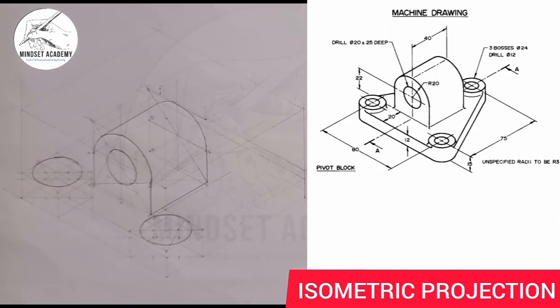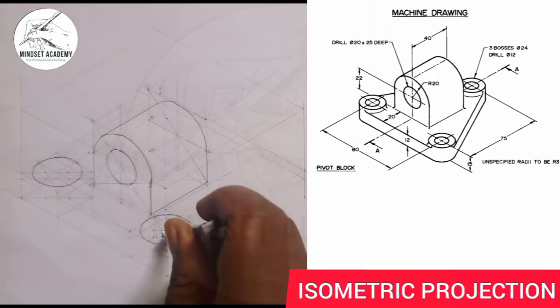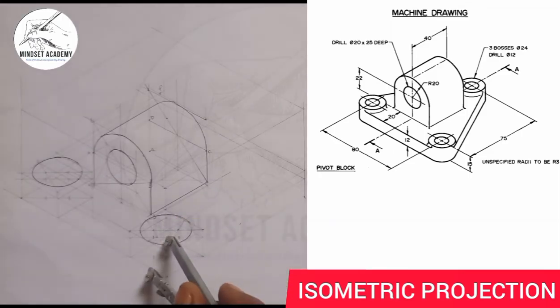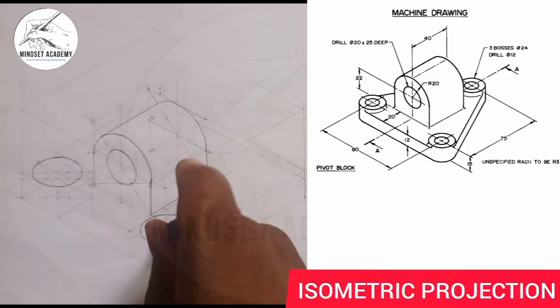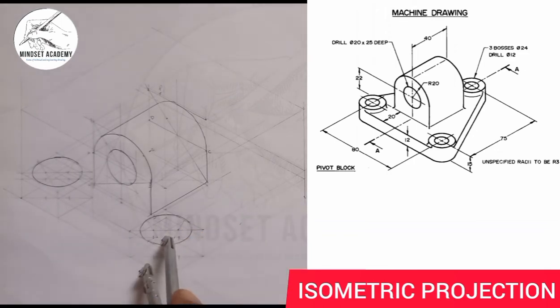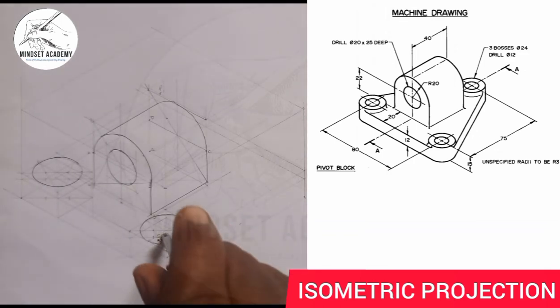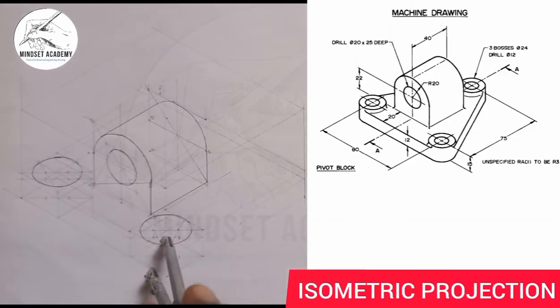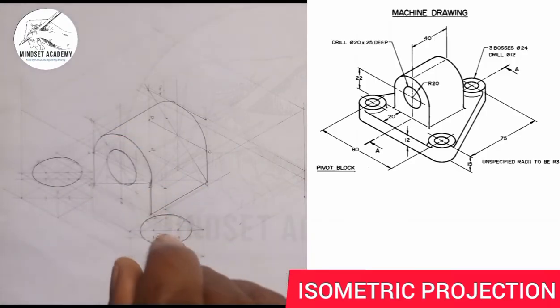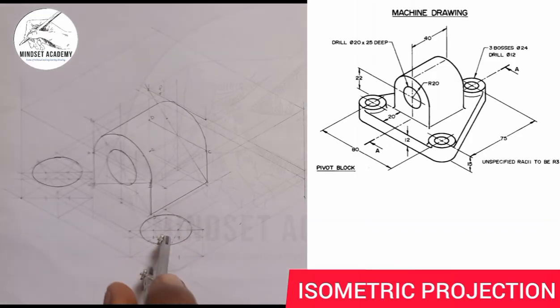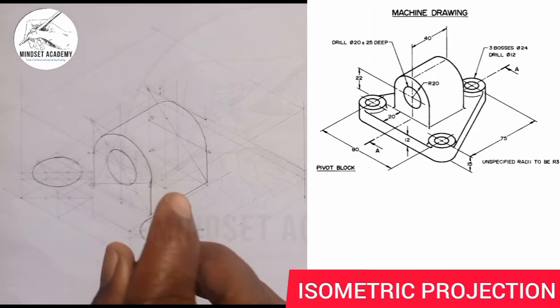Now the next one will be the bottom, which is not really complete. It's just half of it. So I'll just come from here, take it to this point, and I'll just connect this. Hope you can see that.